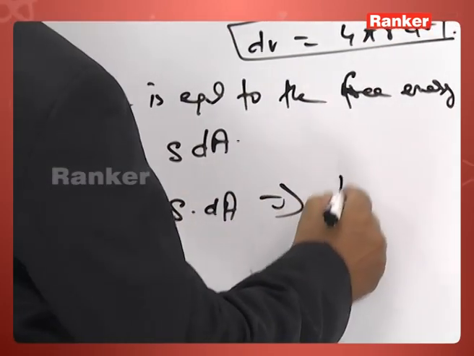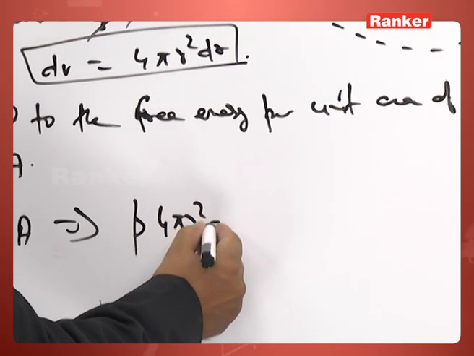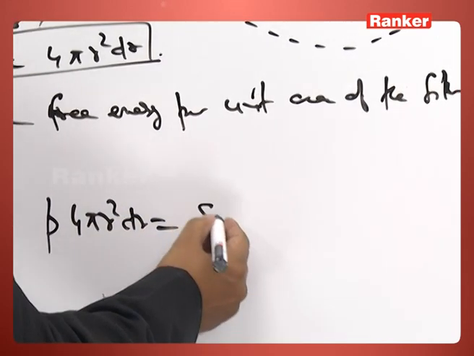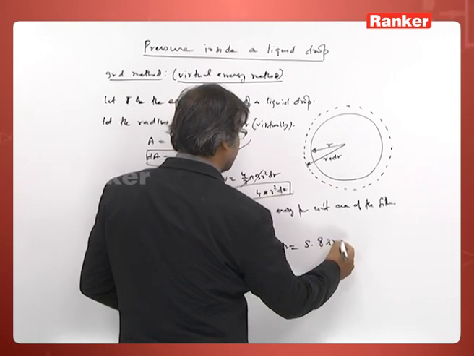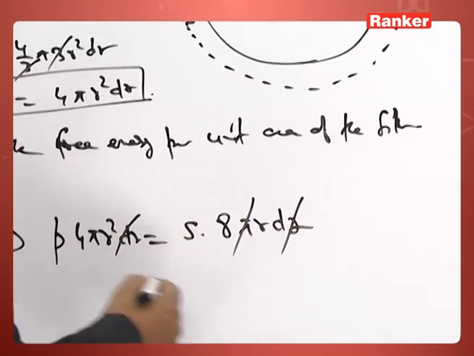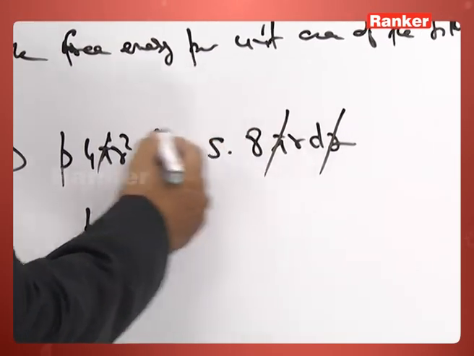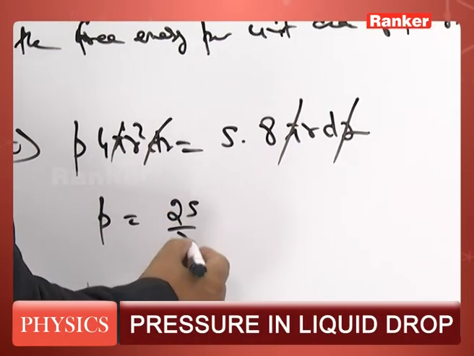So, P into dV, which is 4 pi r square dr, is equal to S into dA, and dA is 8 pi r dr. So, dr cancels, pi cancels, the 4 cancels, and the excess pressure P is equal to 2S by R.